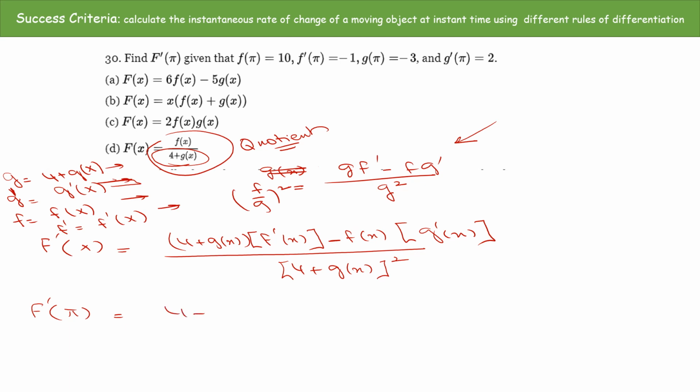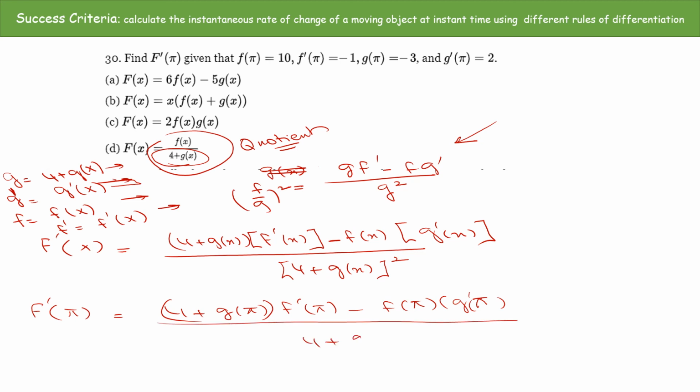So you will get 4 plus g of pi, then f prime of pi minus f of pi times g prime of pi, over 4 plus g of pi whole square. Now we will replace the values. 4 plus g of pi is negative 3.